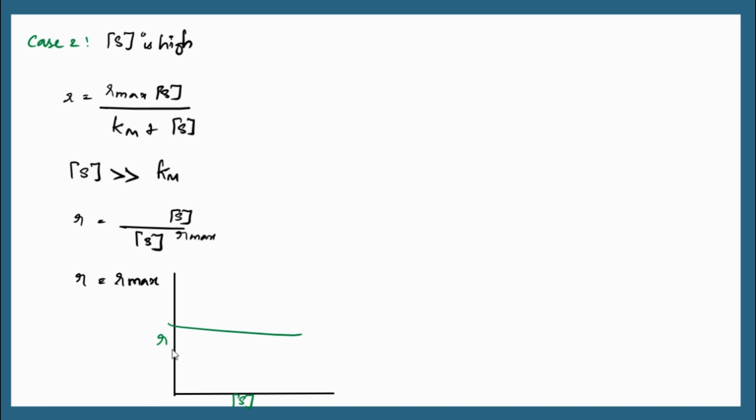Okay, so now we'll look into other plots. So in enzyme catalysis there are three plots. So this one is your basic plot. Okay, second one is your Lineweaver-Burk plot.